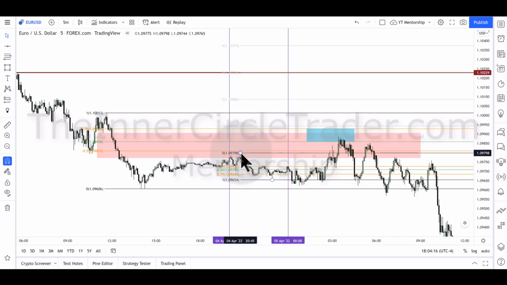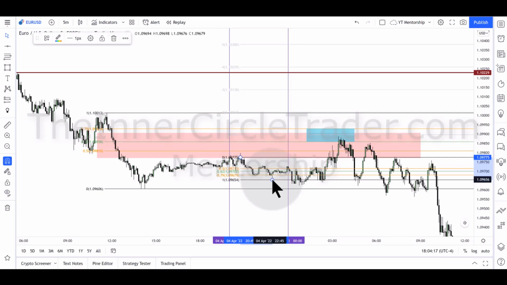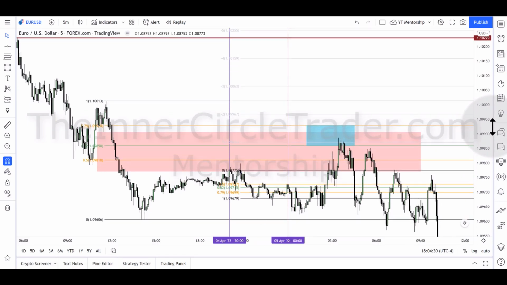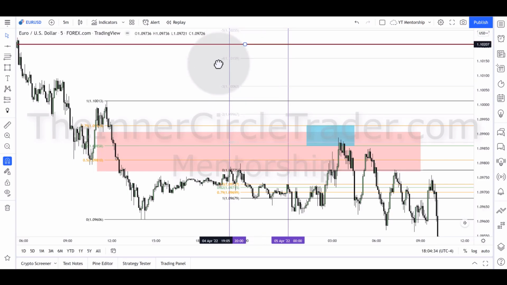Now, if we do it with the bodies of the candles, which is generally what I prefer over the wicks and tails because it's a little bit truer in terms of the volume, right away, we can see that there's 3 standard deviations right there.